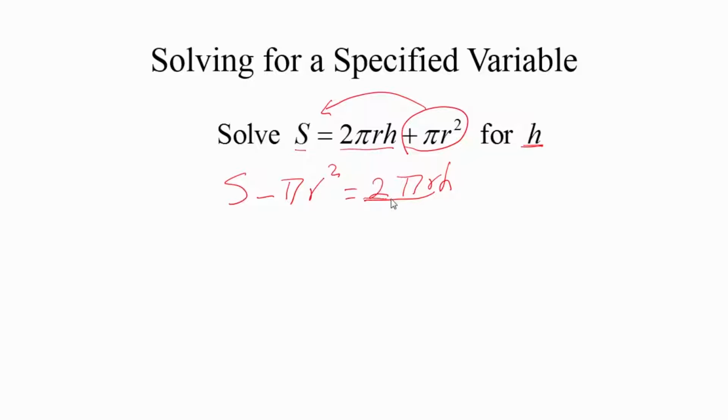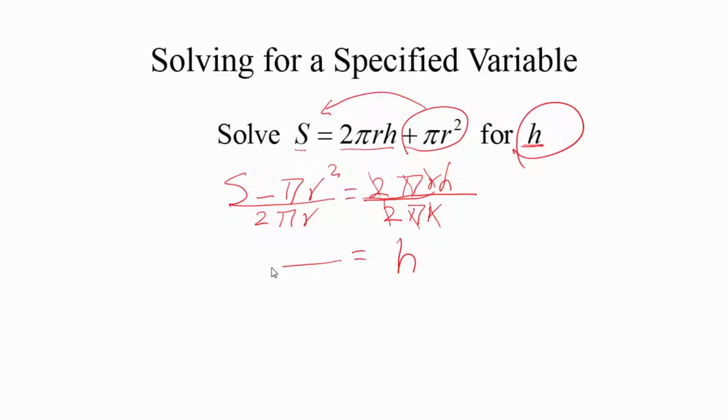So we're going to divide both sides by 2 pi r. On the right-hand side, the 2 and 2 cancel, the pi and pi cancel, the r and r cancel. You end up with an h, and that's what you were trying to solve for.